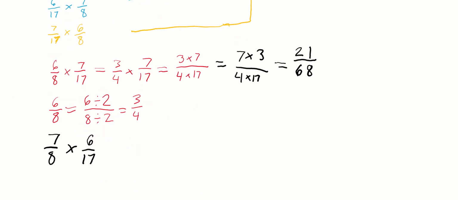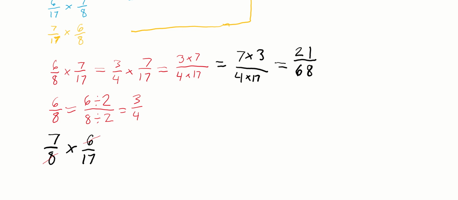Instead, what you will see more oftentimes is someone cross out the values that are being canceled and write out the quotient of each quantity divided by the greatest common factor.